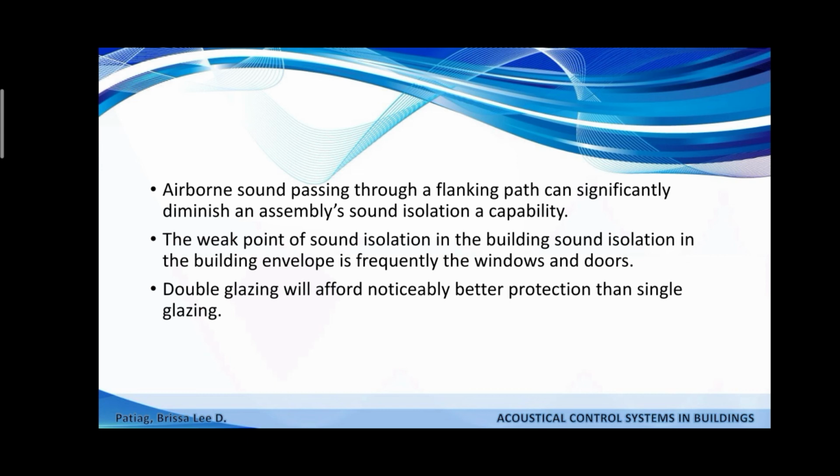So, openings such as doors, windows, and electrical outlets create good flanking sound paths, as do rigidly connected electrical conduits. Airborne sounds passing through the flanking path can significantly diminish the assembly's sound isolation capability.